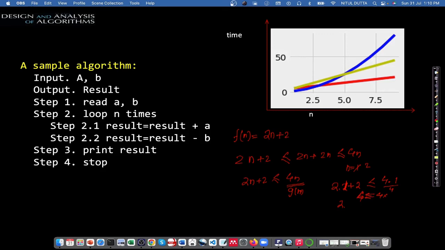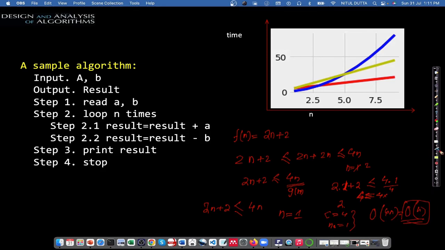That means twice n plus 2 is less than or equal to 4n for n equal to 1. So here we can write c equals 4 and n naught equals 1. So this becomes order of 4n, which is nothing but order of n. This is how we can find the upper bound of any algorithm.